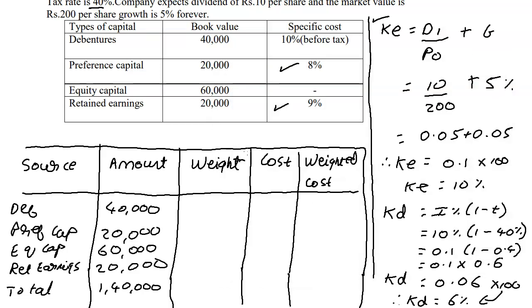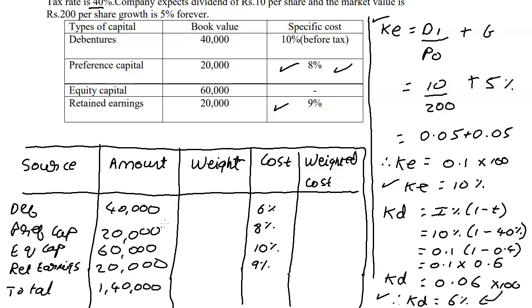Now the cost for debentures we got over here as 6%. The cost for equity share is here, 10%. Preference share we can pick up 8%, and retained earnings 9%.